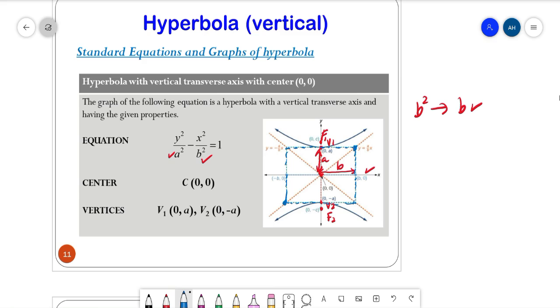Then we draw a dotted line joining these two points together, and therefore we have our first asymptote, that is this line here, right? For the second asymptote, we do the same thing with the opposite points: this point and that point, joined using a pencil and a ruler.